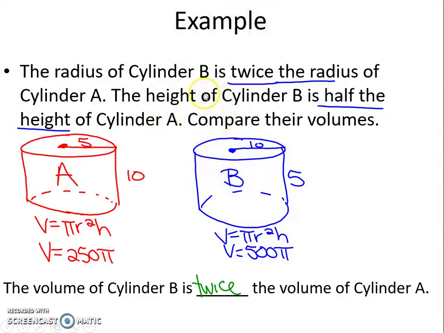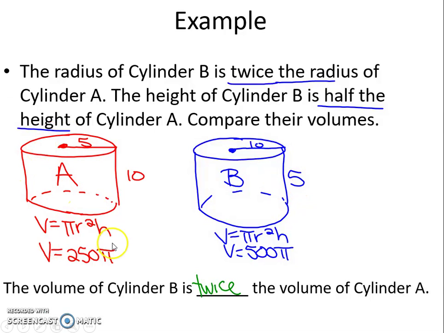They don't give you any measurement here, so you can create it. I use 5 and 10 for the radii, and the radius of cylinder B is twice this. You just make up some numbers. You can use 2 and 4, 5 and 10, whatever you want. And the height of cylinder B is half of A, so I'm going to use 10 and 5.